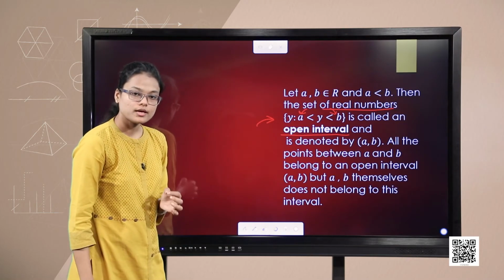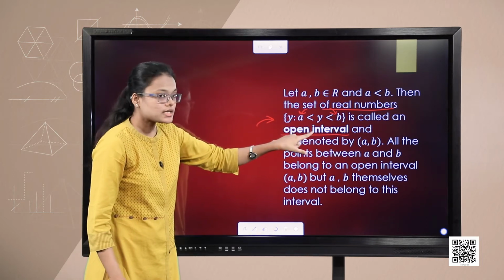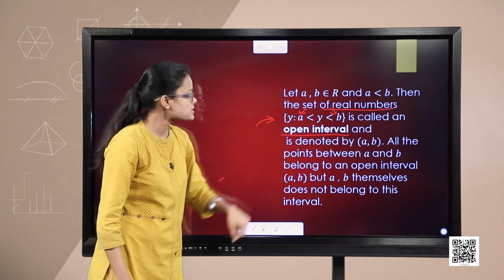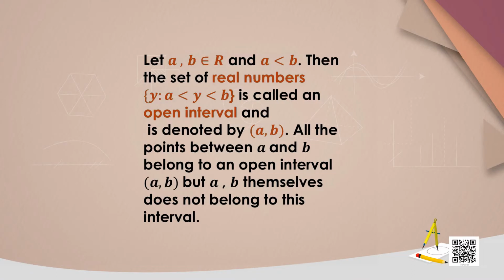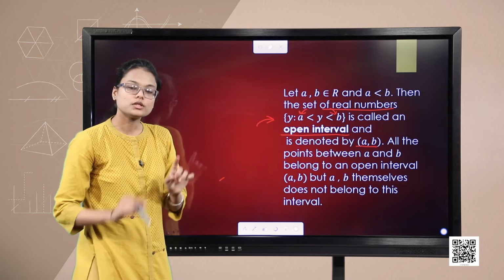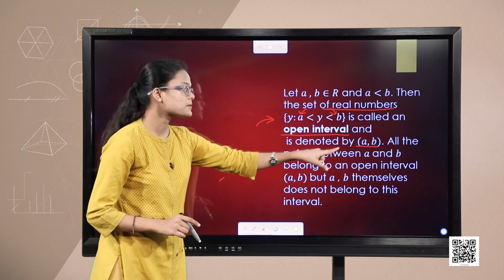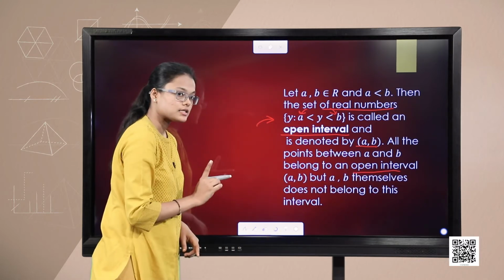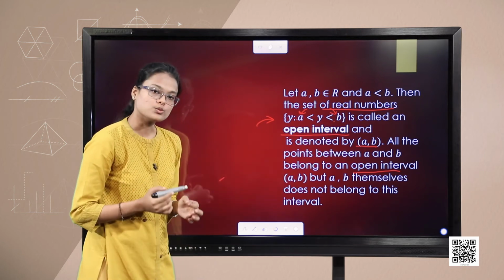Why open? Because the interval does not include the endpoints. It is denoted as (a, b) with curved brackets. All the points between a and b belong to the open interval, but the endpoints a and b are excluded.